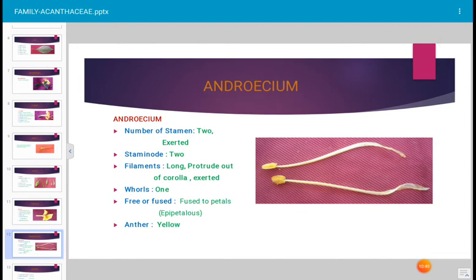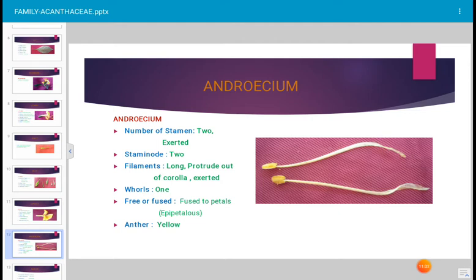Next slide. This is the androecium, the male part of the flower. There are two stamens as shown in the photograph, and they are exserted. What is exserted? They face outward to the peripheral region of the flower. Two staminodes are also present.